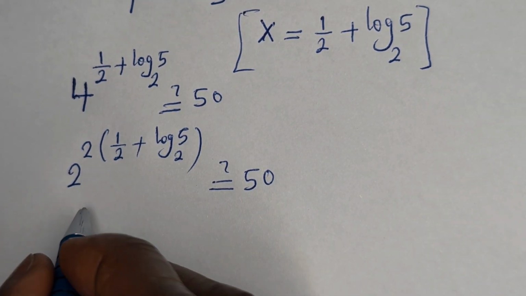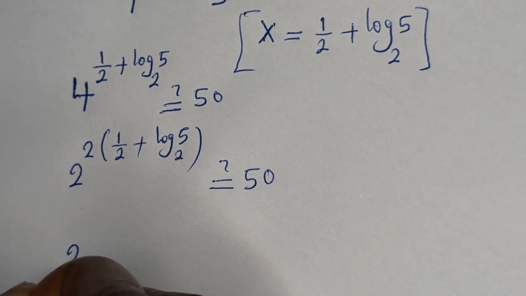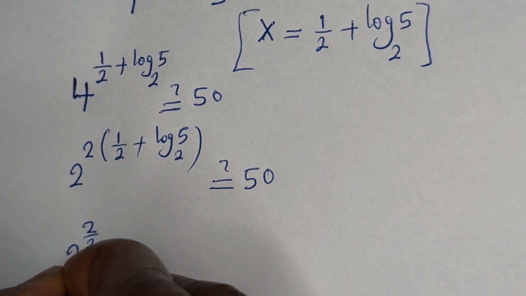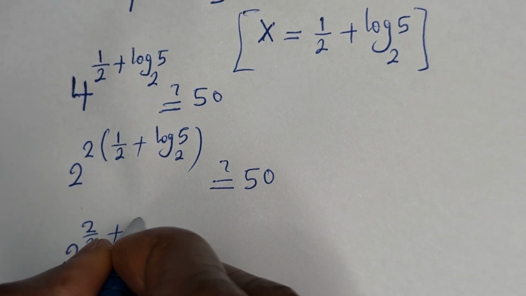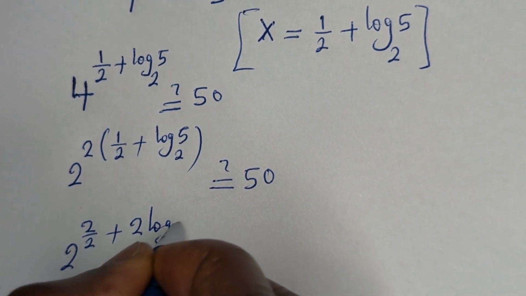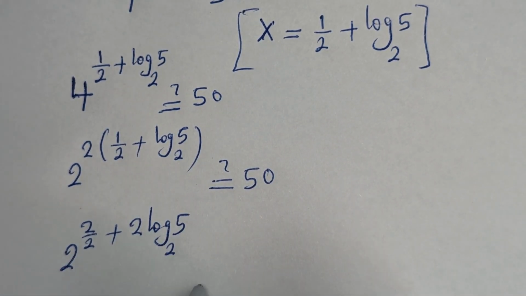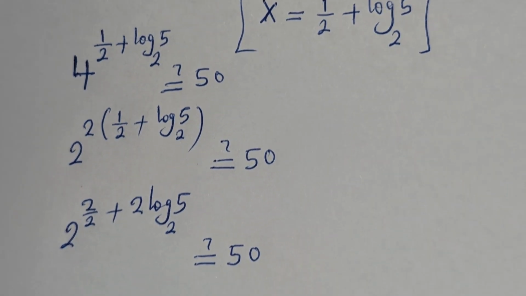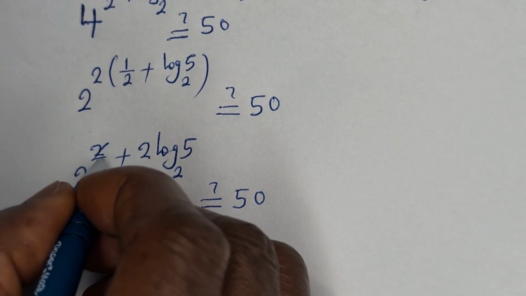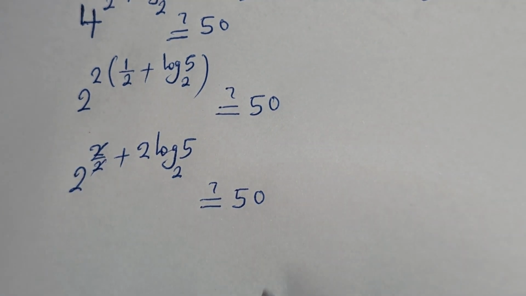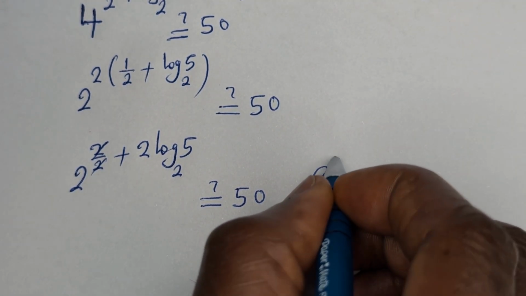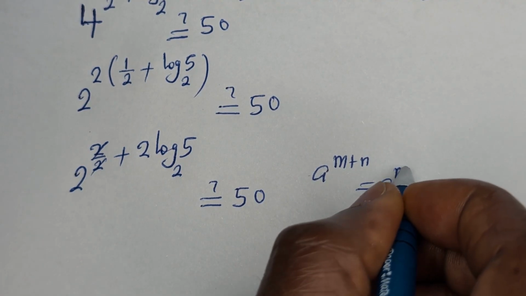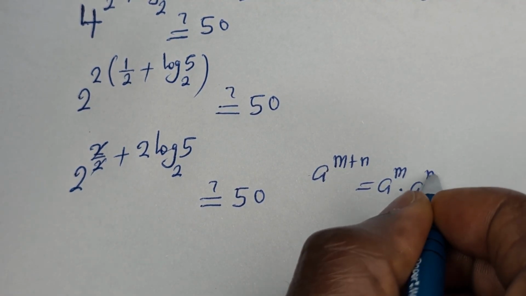Now here, if you open the bracket, we have 2 raised to power 2 over 2 plus 2 log 5 base 2 must be equal to 50. Now this cancels this. And if you have a raised to power m plus n, this is equal to a raised to power m multiplied by a raised to power n.